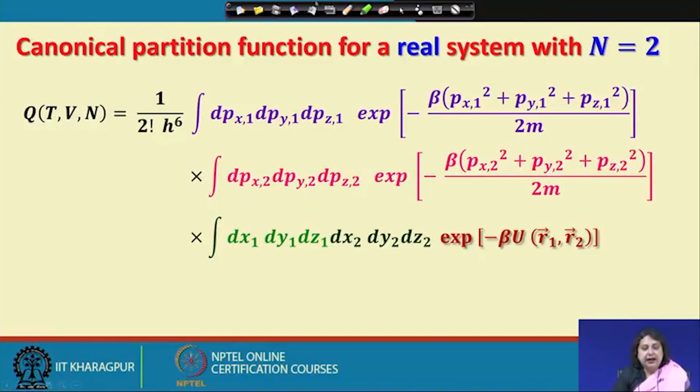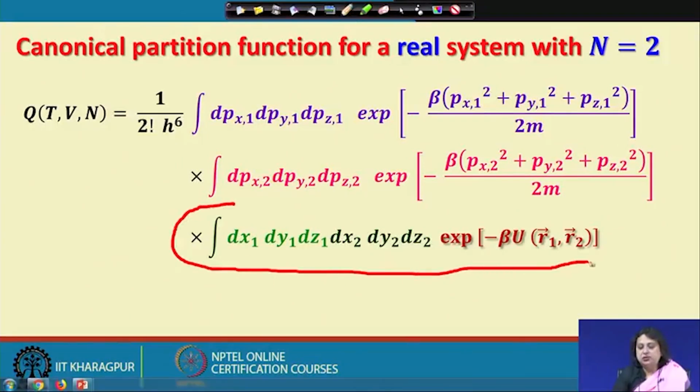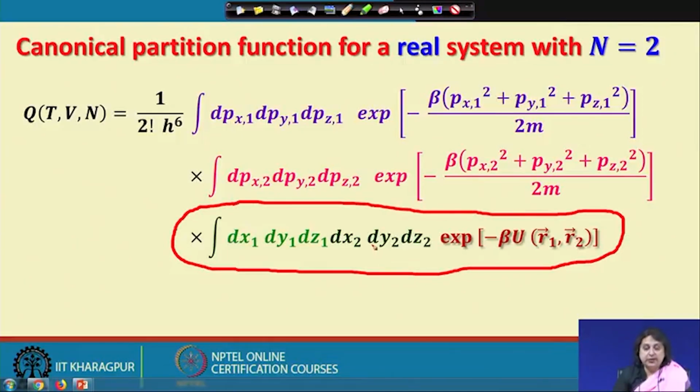Here, unlike the ideal gas case, in addition to the momentum integrations I now have one integration performed over the coordinates of particle 1 as well as the coordinates of particle 2, and the integrand is e to the power of minus beta U, where U is the total potential energy of the system involving the 2 particles located at position vectors r1 and r2.